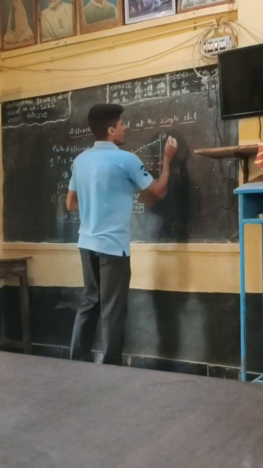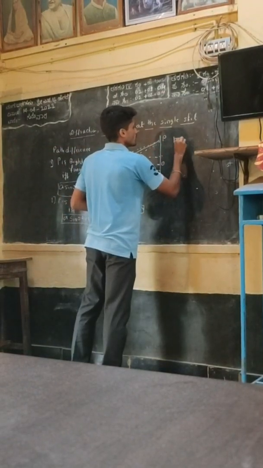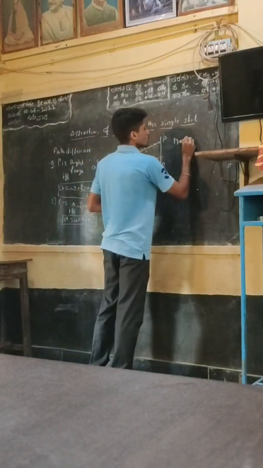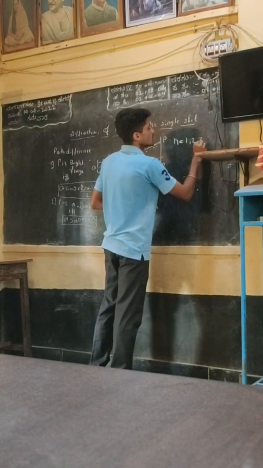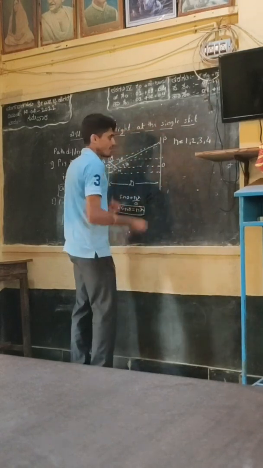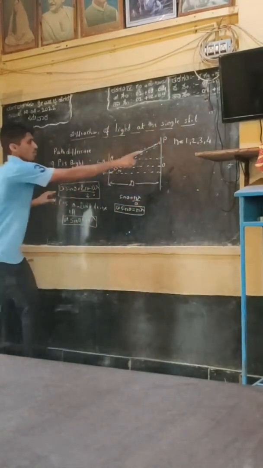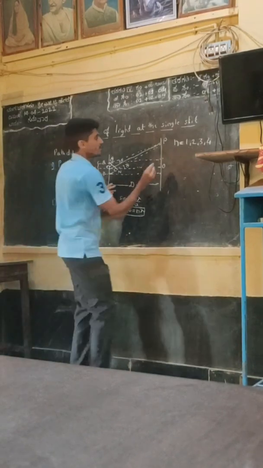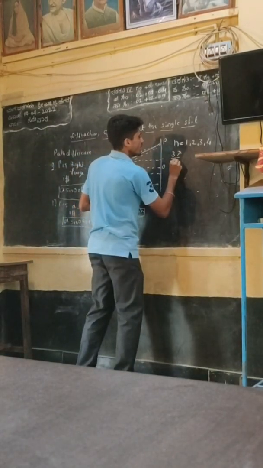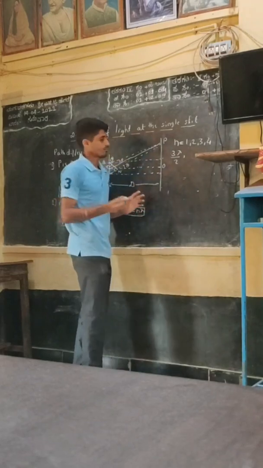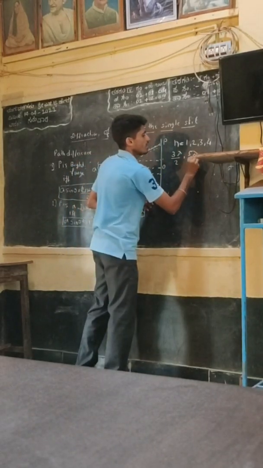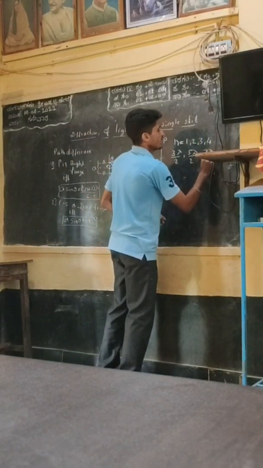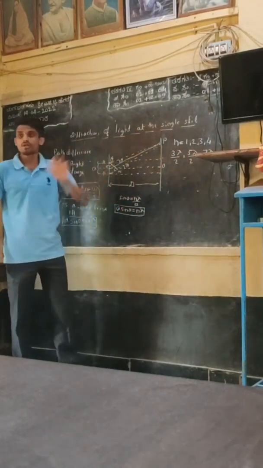Then n should be equal to 1, 2, 3 and 4 in the case of bright fringes, where if we put 1, 2 and 3 in the place of 2n plus 1, we will get 3 lambda by 2, 5 lambda by 2, 7 lambda by 2, which are the multiples of odd numbers.